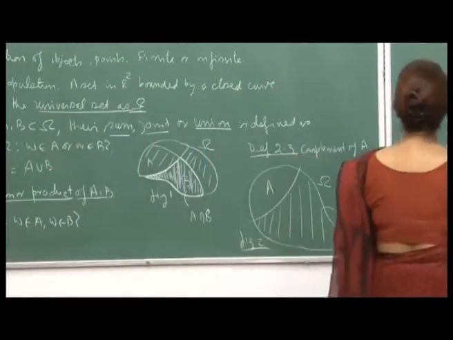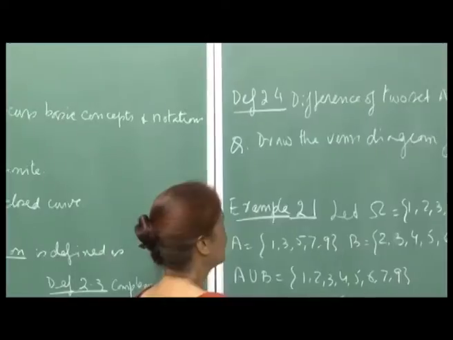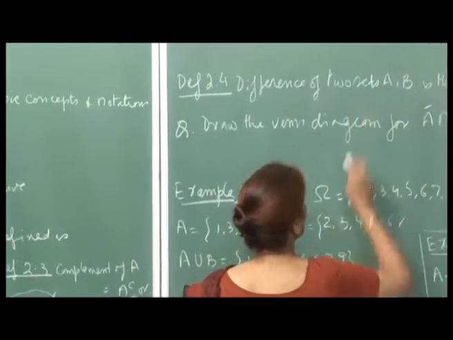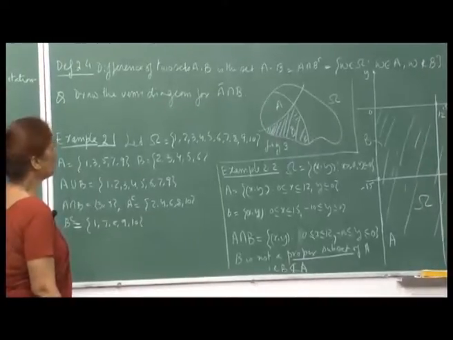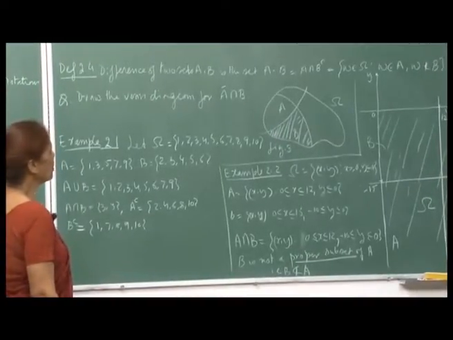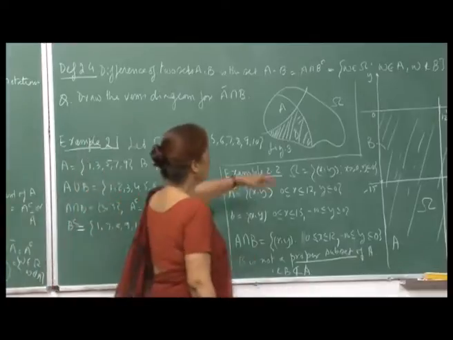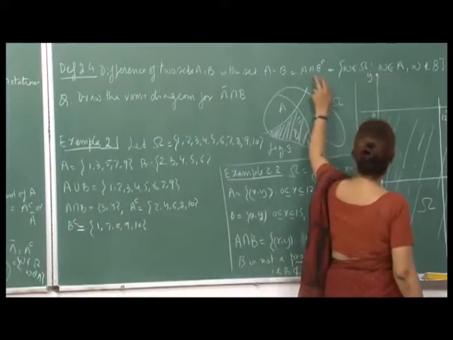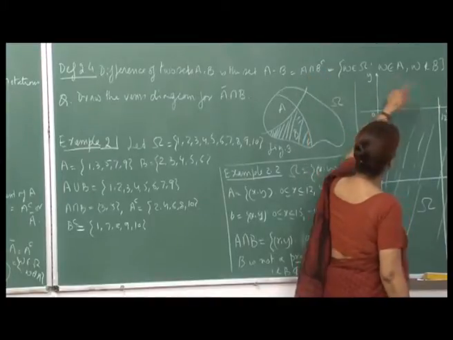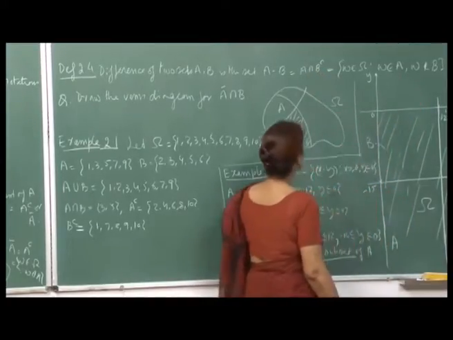Definition 2.4 is the difference of two sets. The difference of two sets A, B is the set A minus B. We refer to it as A minus B or A intersection B complement. That is all omega in the universal set such that omega belongs to A, but omega does not belong to B, because it is A intersection B complement.